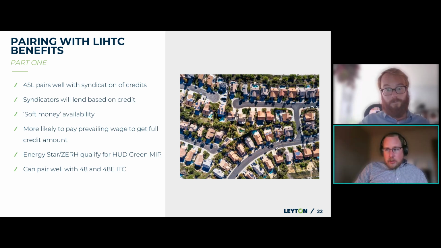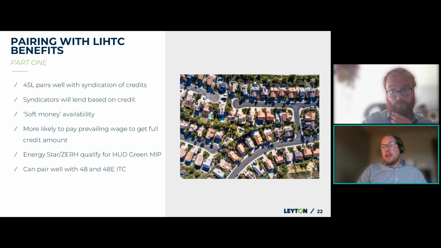As mentioned previously, 45L before the IRA actually reduced the basis for LIHTC calculations when taking a credit, which would affect the basis of the building. The IRA specifically called this out. So now that there's no longer any reduction in basis, investors and syndicators seem to be keen on getting this 45L credit included in the capital stack.